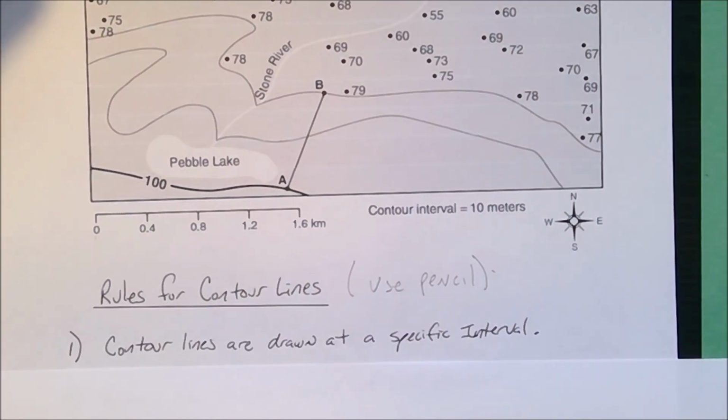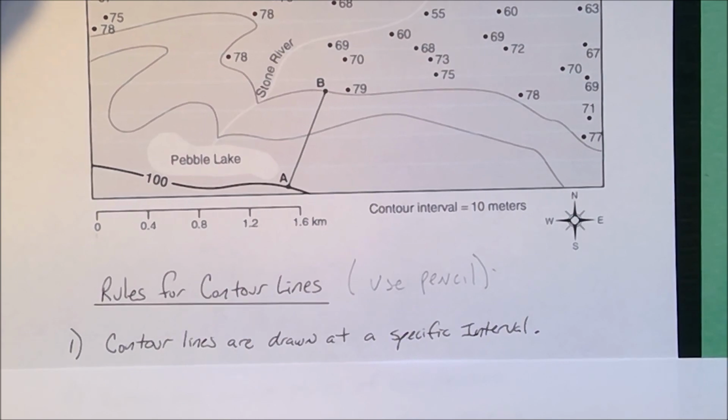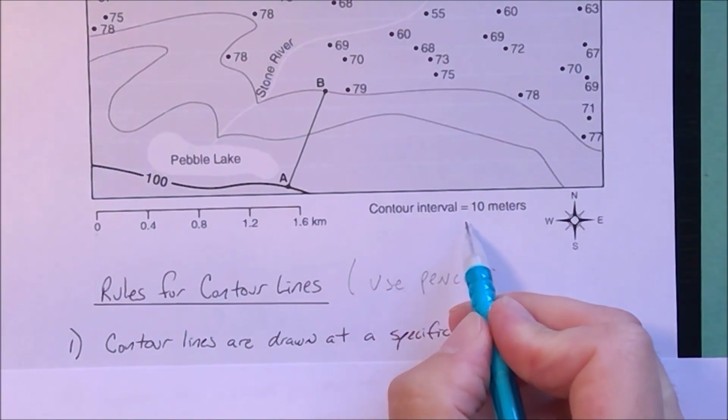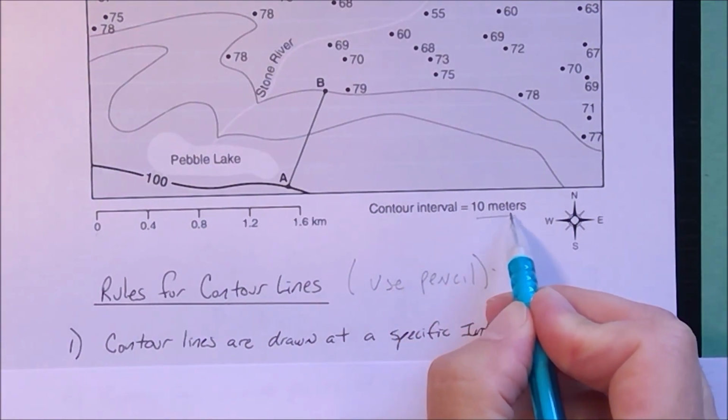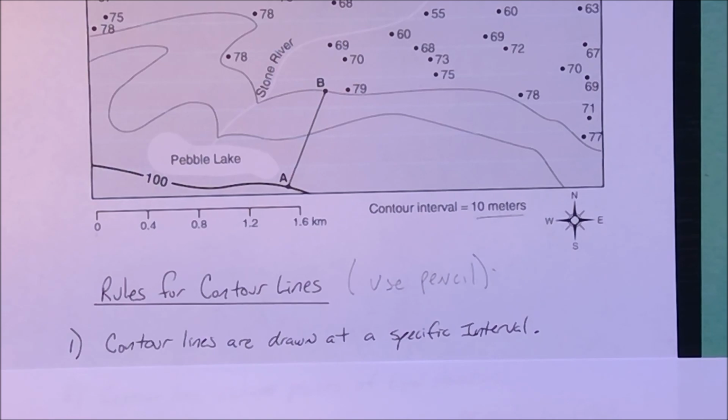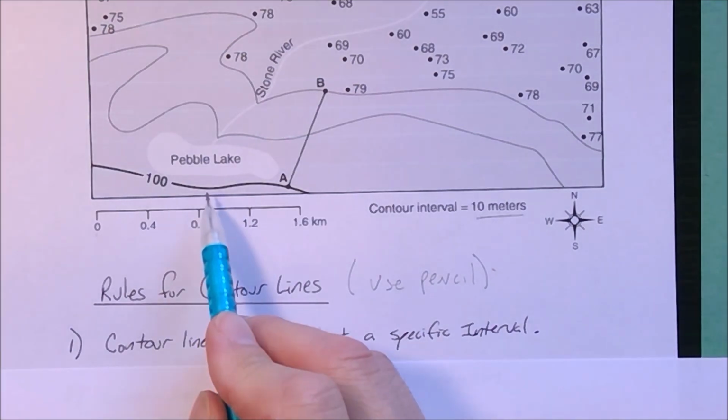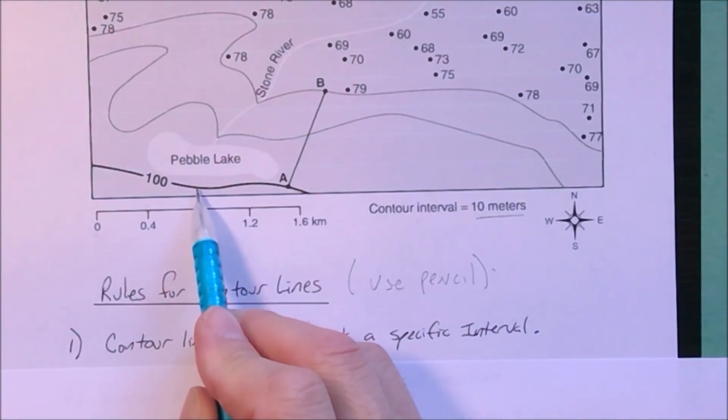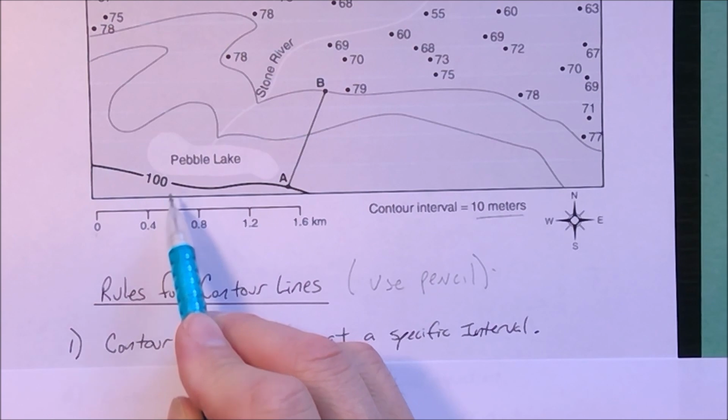Now, rule number one is when contour lines are drawn, they're drawn at a specific interval. On this map, you can see on the bottom, they tell you the contour interval is 10 meters. That means the spacing between lines, what you're drawing your lines at, is 10 meters. So this darker line, this index contour, is 100.